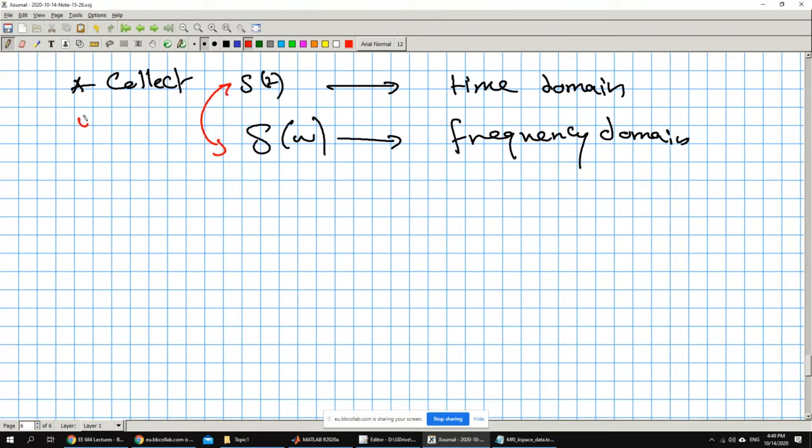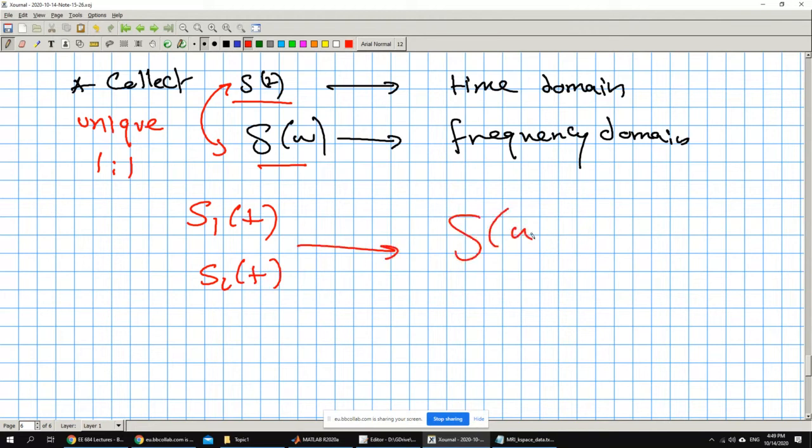This relationship is unique, meaning that some people like to call it one-to-one. One-to-one means that once you have a particular signal here, it has only one signal in the other domain. You cannot have two signals going to the same Fourier transformation. So if you imagine that S1 of t, S2 of t go to S of omega, this is incorrect.